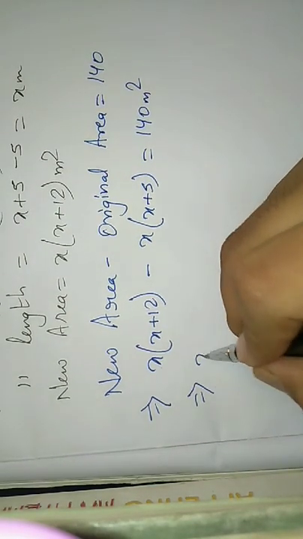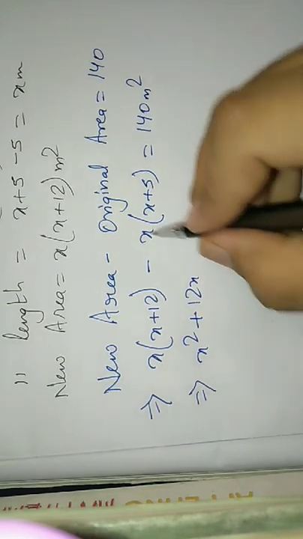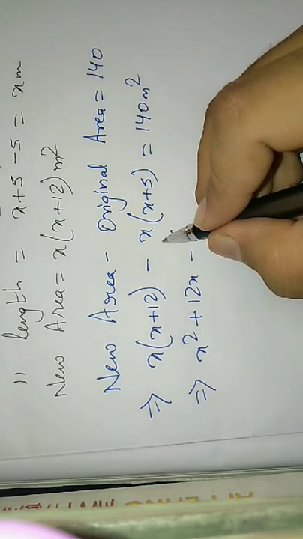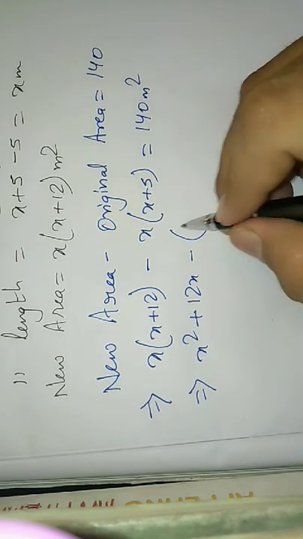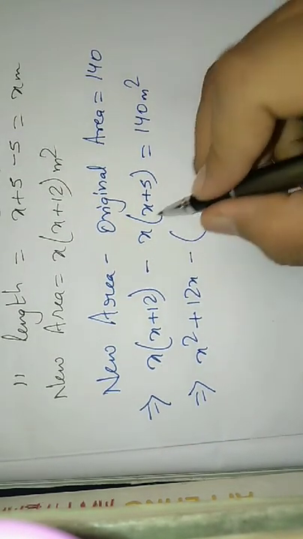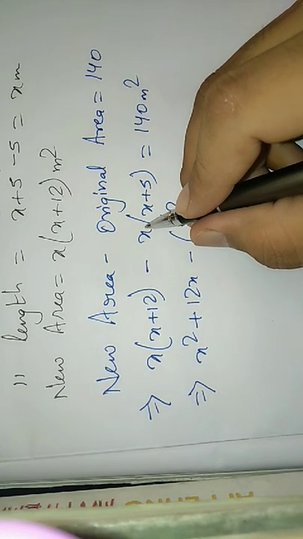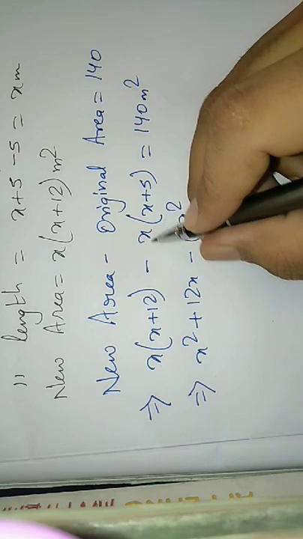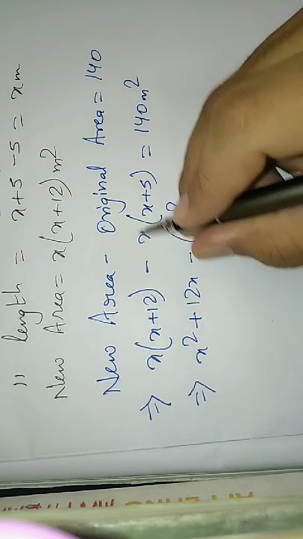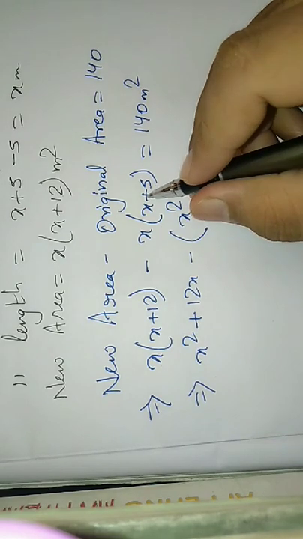So now x into x is x square, plus 12x, minus. I'm doing this entire operation in bracket first, and this minus I've kept outside, right? Since this negative is outside, this x will be treated as positive x. Positive x into x is x square.